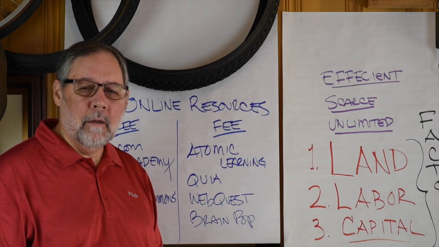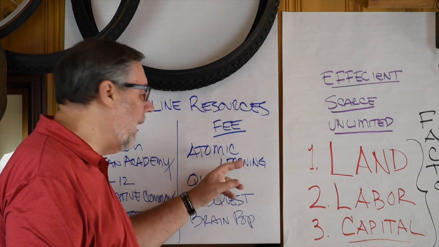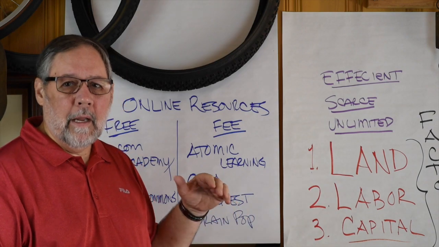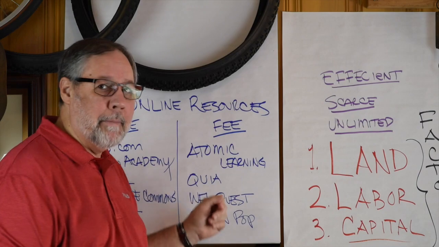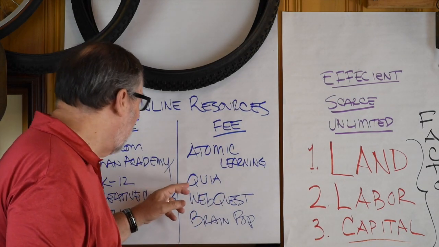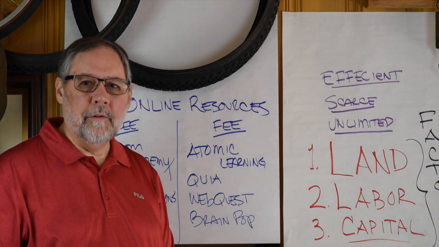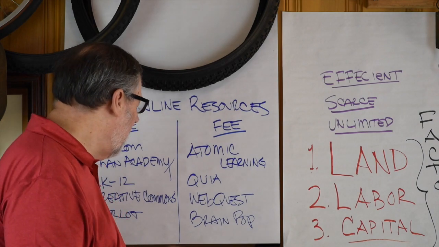And in the Blackboard webpage for Module 6, you'll find your password and user ID that you use to get into Atomic Learning. And there are a couple things in there that we'd like you to look at. KIA is another one that is a very interesting site, and you're going to have an assignment out of that.